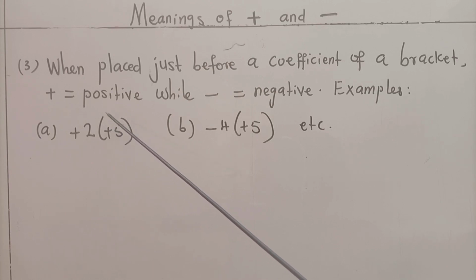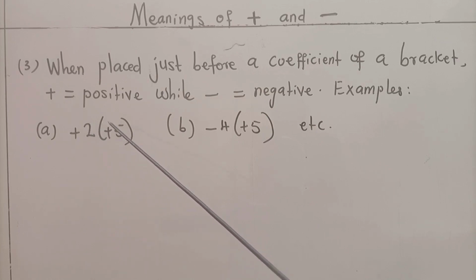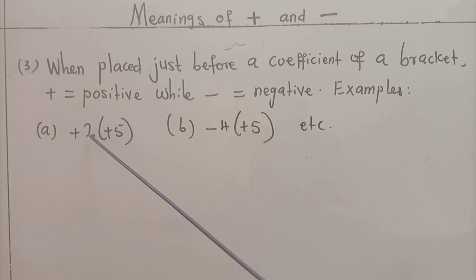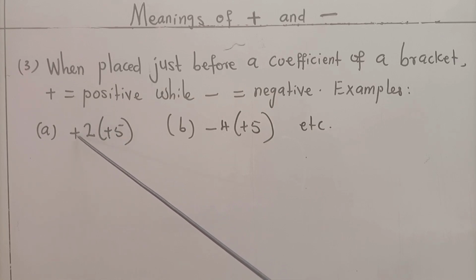If this is 5, this 2 tells us how many times we're going to bring 5. Therefore, 2 is counting how many 5s. Because 5 is in the bracket and 2 is outside, we call this 2 the coefficient of this plus 5. And now, plus is kept just before this coefficient. As a result, this plus is still positive.